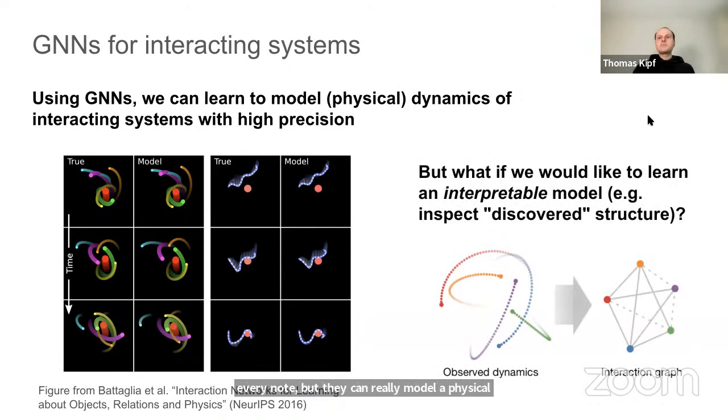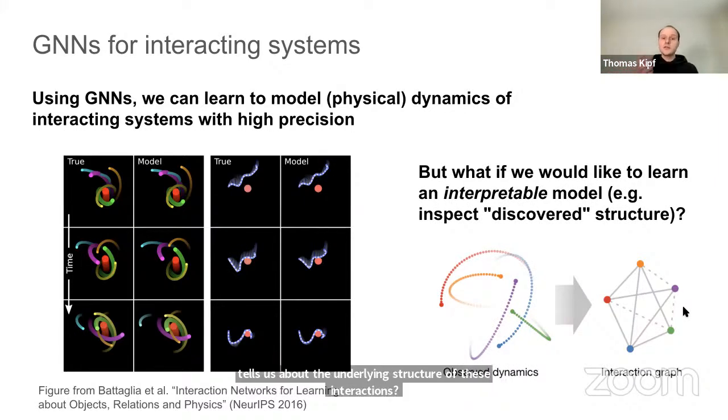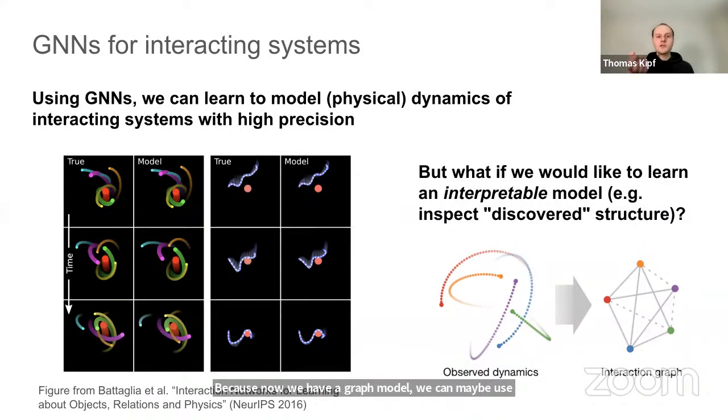Now, another question that I already mentioned at the very beginning is, what if you would also, on top of that, like to learn an interpretable model that also tells us about the underlying structure of these interactions? Because now we have a graph model, we can maybe use that graph model to give us that information, like how these things are interacting. For example, which nodes are connected and which nodes are not connected.